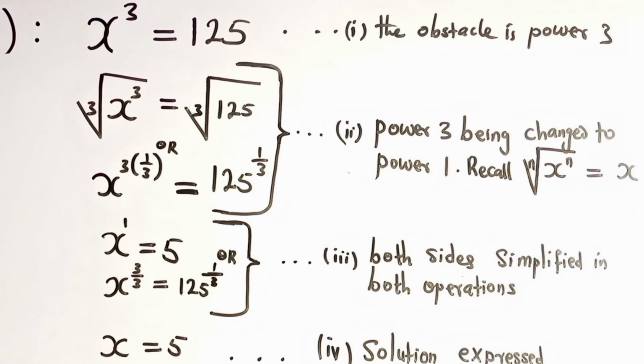One of the ways that we can convert that power 3 to become power 1 is to find its root. And now, the correct root should be the cube root. Look at the sign of the cube root. So this sign is now introduced into this operation. It had not been there before. It is something new.